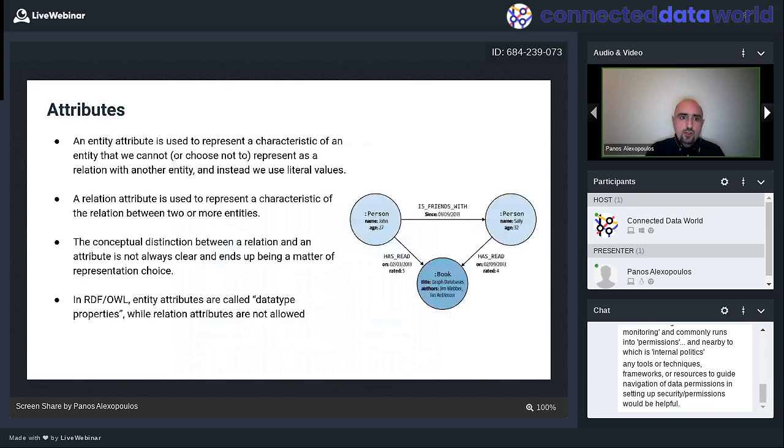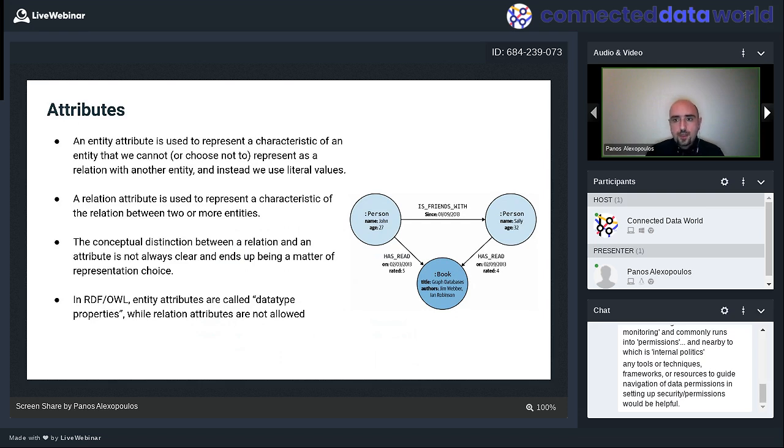In knowledge graphs, we may also have attributes. Attributes of entities represent characteristics of the entity that we cannot or choose not to represent as a relation with another entity, and instead we use literal values. Practically, the conceptual distinction between a relation and an attribute is not always clear and ends up being a matter of representation choice.